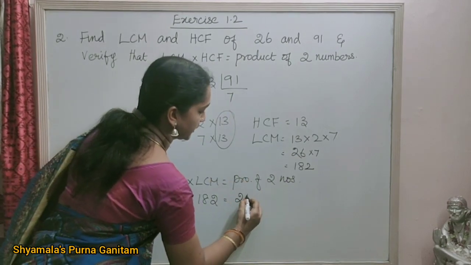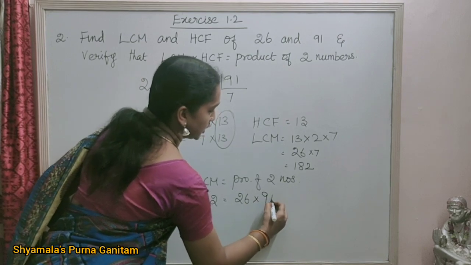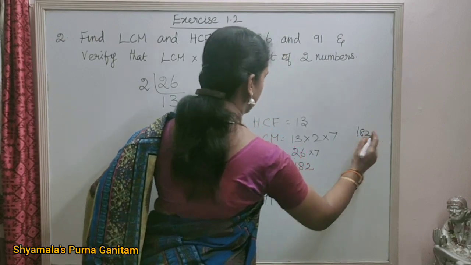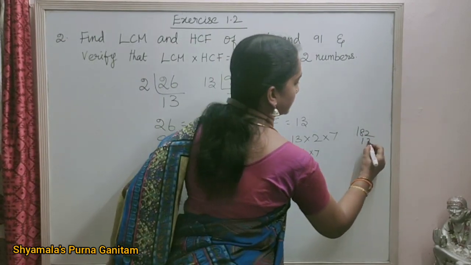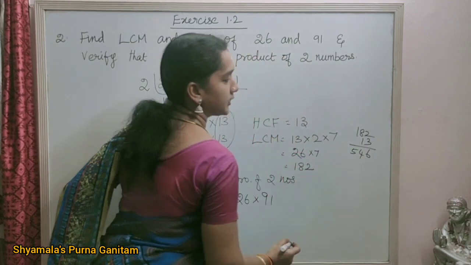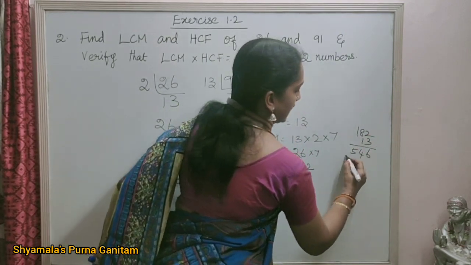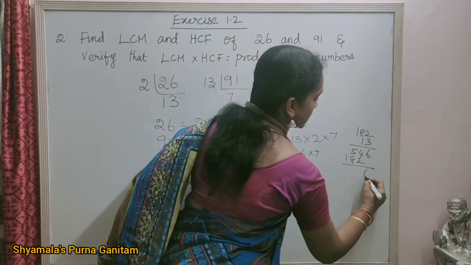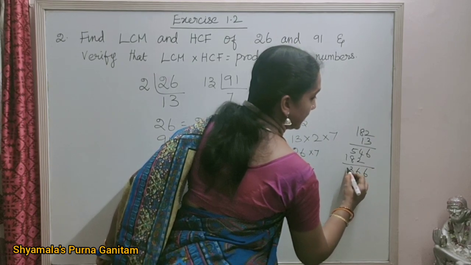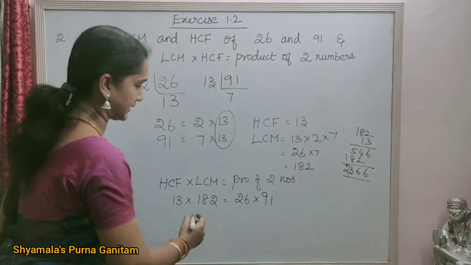What is the product of the numbers? Given two numbers 26 and 91. So 182 into 13. When you simplify, when you find the product of this, you will be getting 2366.